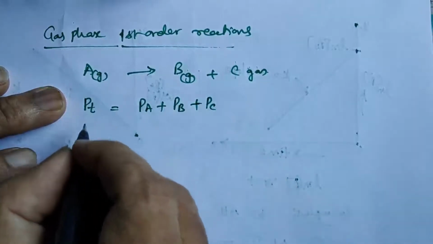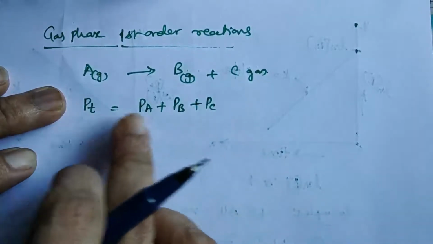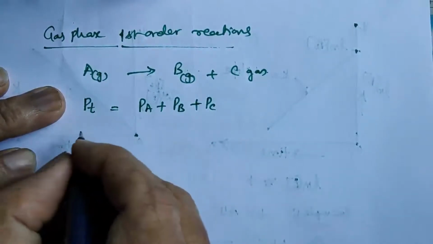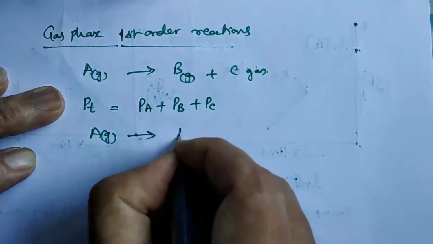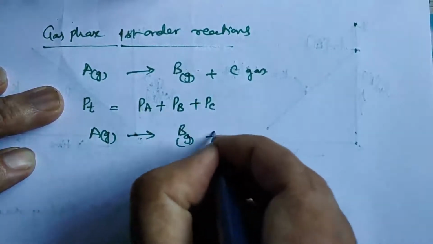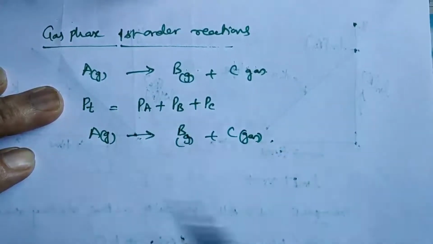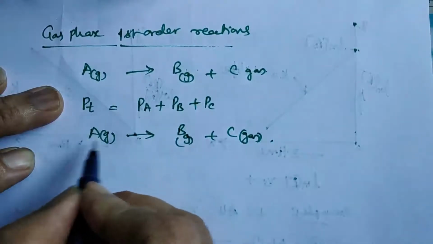Here we will derive the total pressure using this rate law equation. Again we write the same equation: A gives rise to B gas plus C gas.